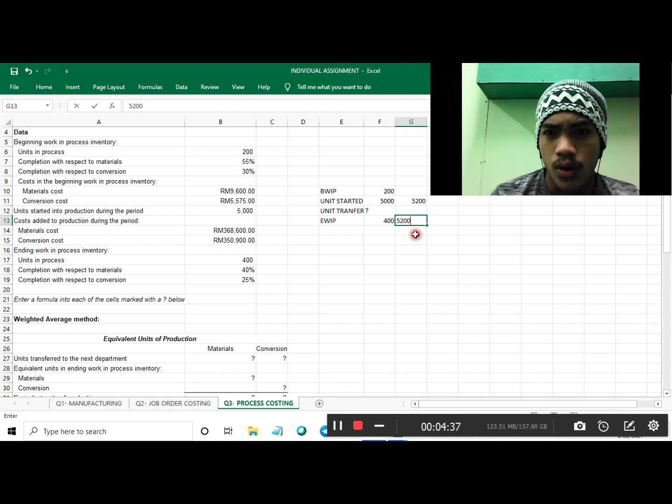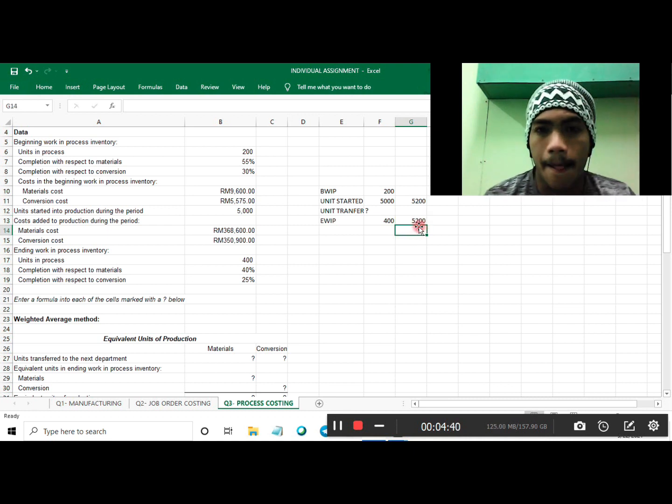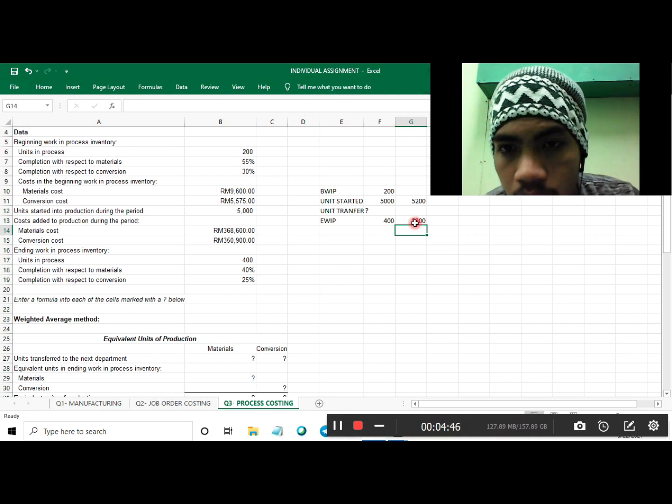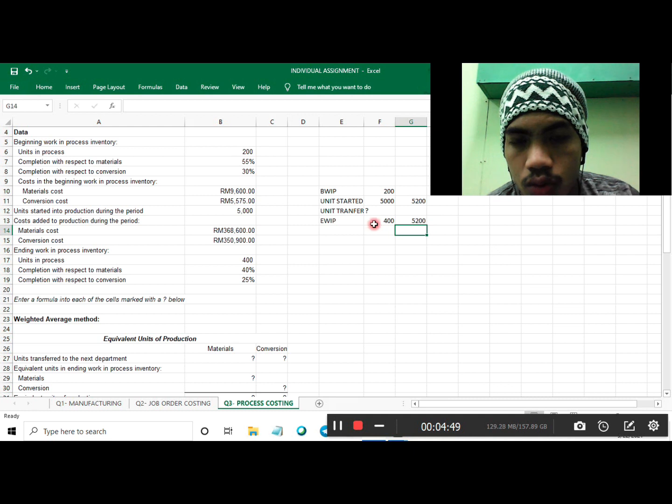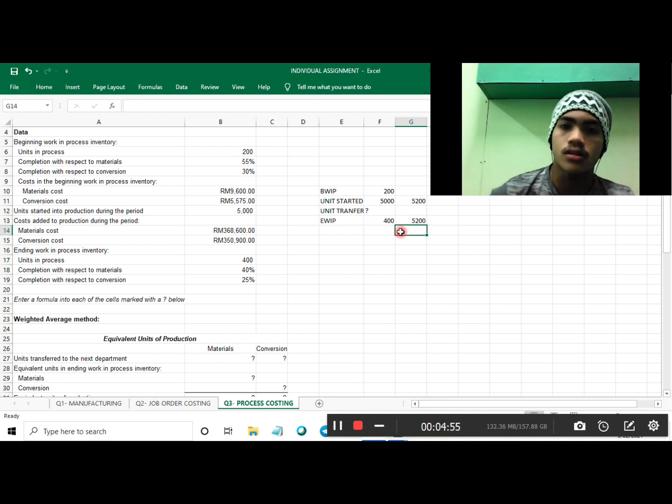So how to get the units transferred? 5,200 is units transferred plus EWIP.